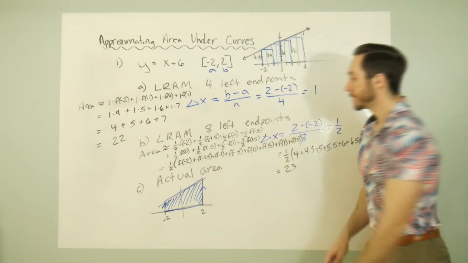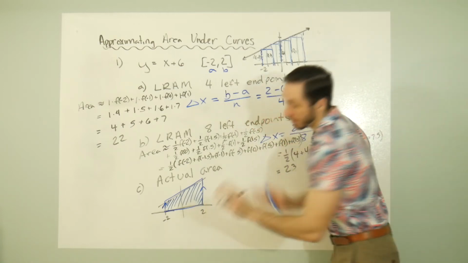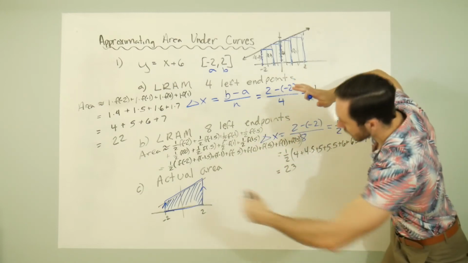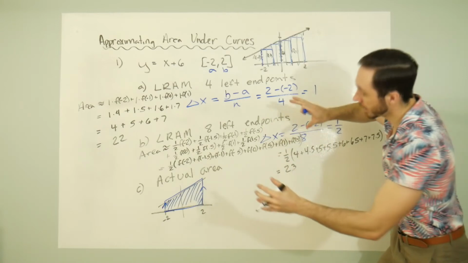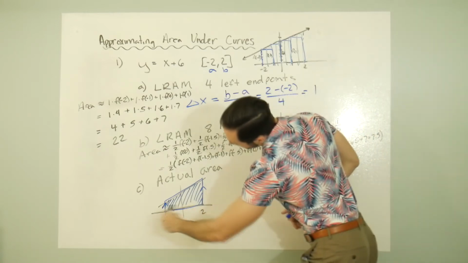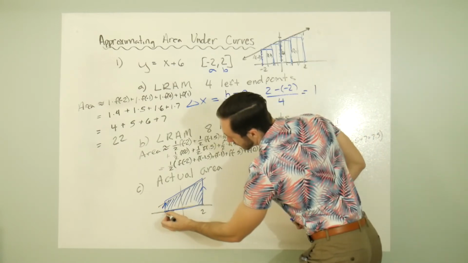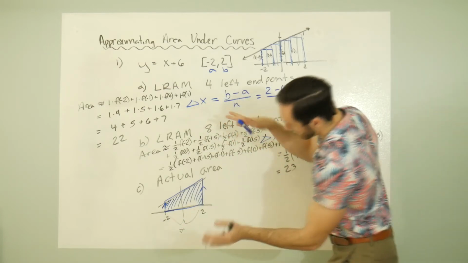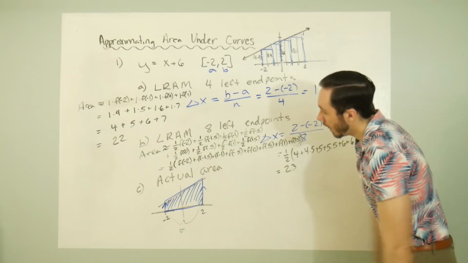So the height of this trapezoid is from -2 to 2. So I'm viewing the trapezoid this way. I'm like tilting my head and I'm viewing it as if it was rotated 90 degrees. The height of this trapezoid is this length right here, which happens to be a length of 4. So I'm writing it this way because I'm kind of observing it this way.